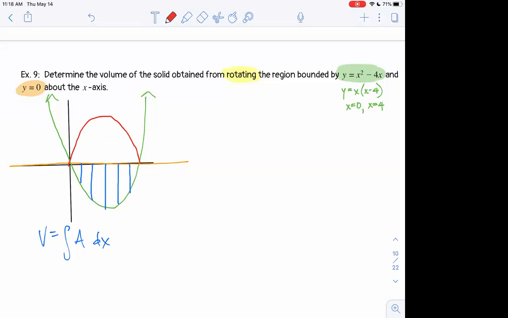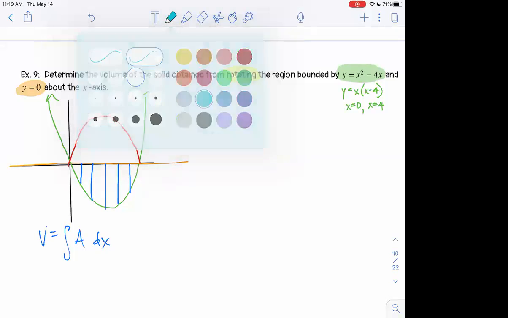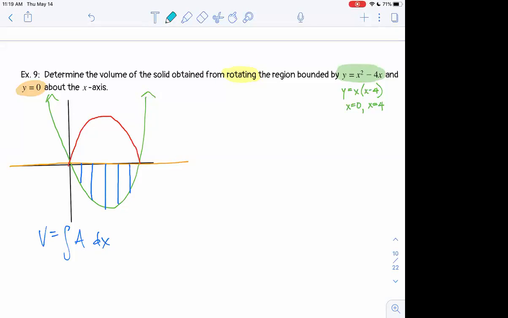Are there any questions so far? Okay. So if I then think about my reflected radii, that light blue one is the reflection of the dark blue one below, and this light blue one is the reflection of that one, and this light blue one is the reflection of that one.